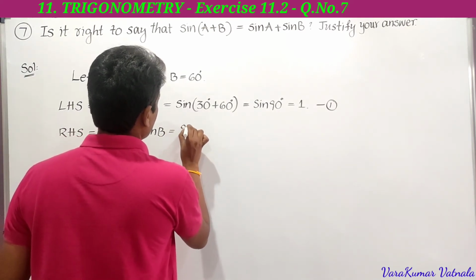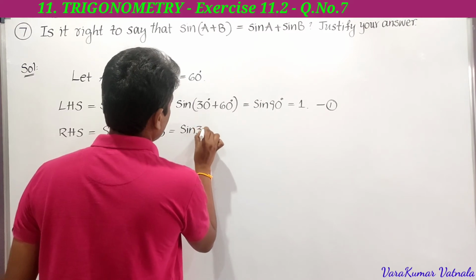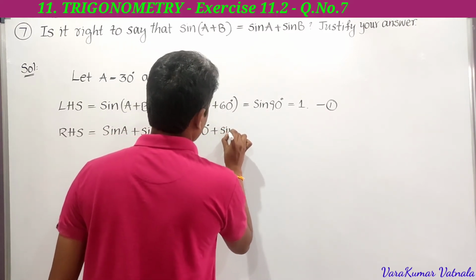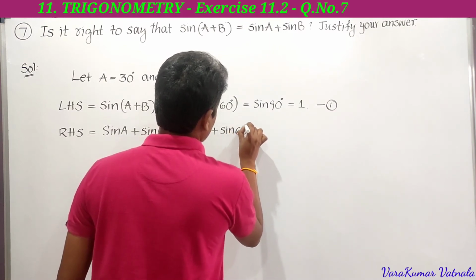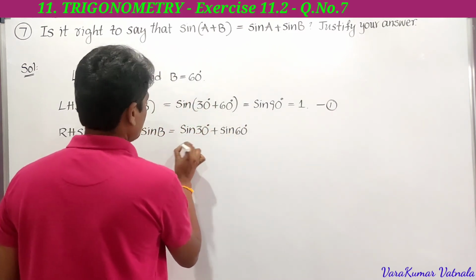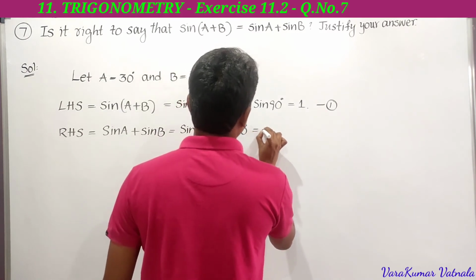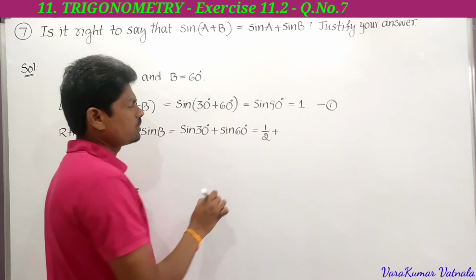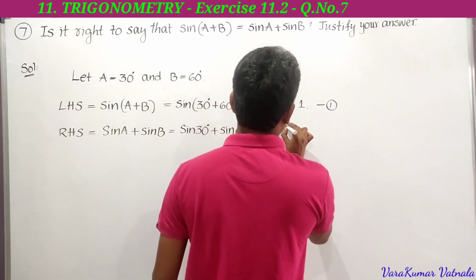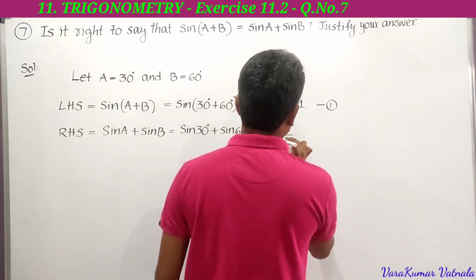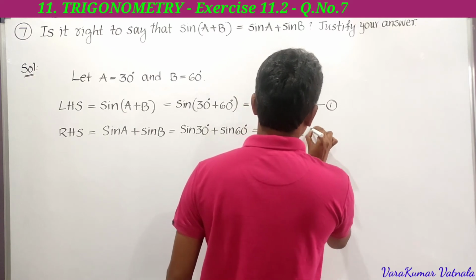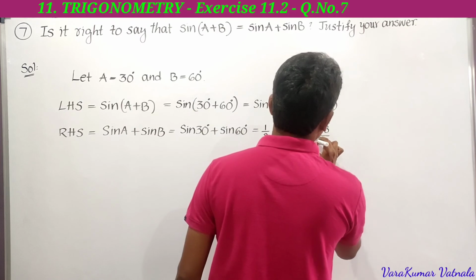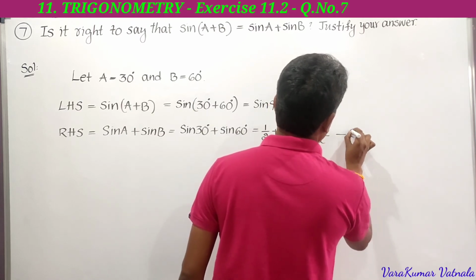So we have sin 30 degrees plus sin 60 degrees. Sin 30 equals 1 by 2, plus sin 60 is root 3 by 2. So it is 1 plus root 3 divided by 2. Let it be equation number 2.